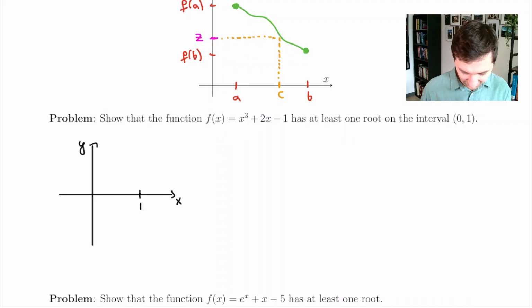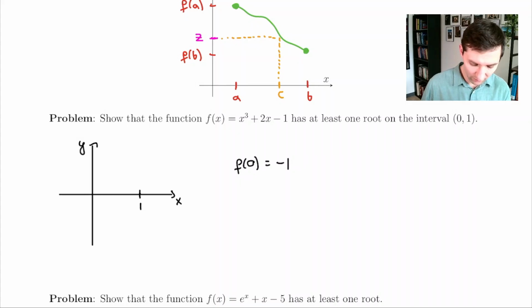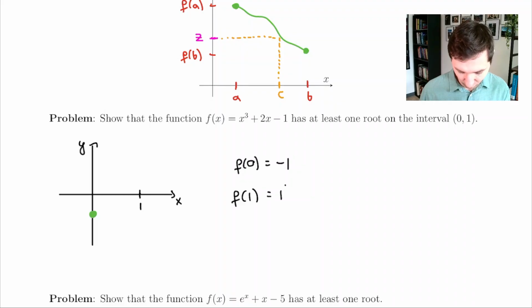What happens at 0? If I plug in 0 to my function f, I believe I get -1. So I know that at x equal to 0, the function is below the x-axis. What about at 1? If I plug in 1 to my function, I get 1 to the third power plus 2 minus 1. Well, that is 2. So at x equal to 1, the value of the function is positive.